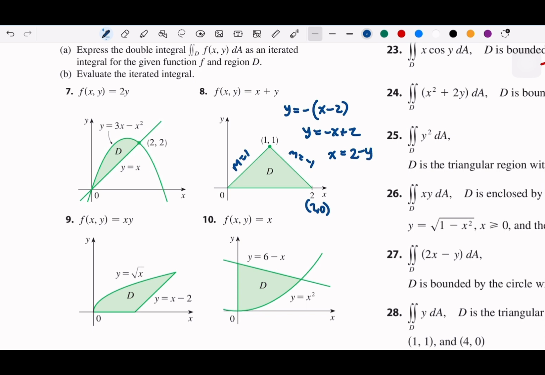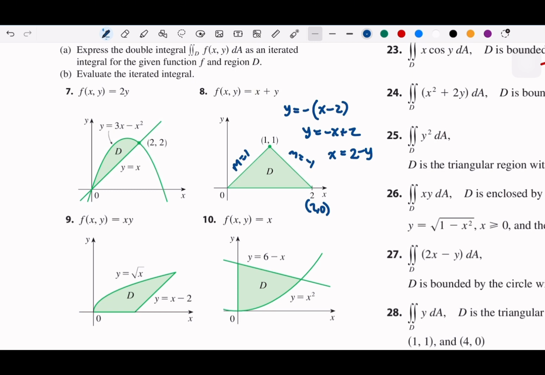If you want to write in terms of x, you could do that; if you want to write in terms of y, you could also do that. This works both ways and will result in the same answer. Either you start with dx dy or dy dx, it should be okay. It's up to you which one you prefer.